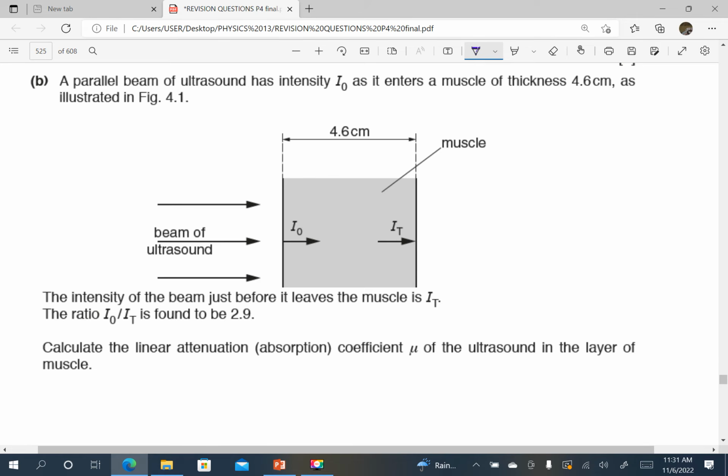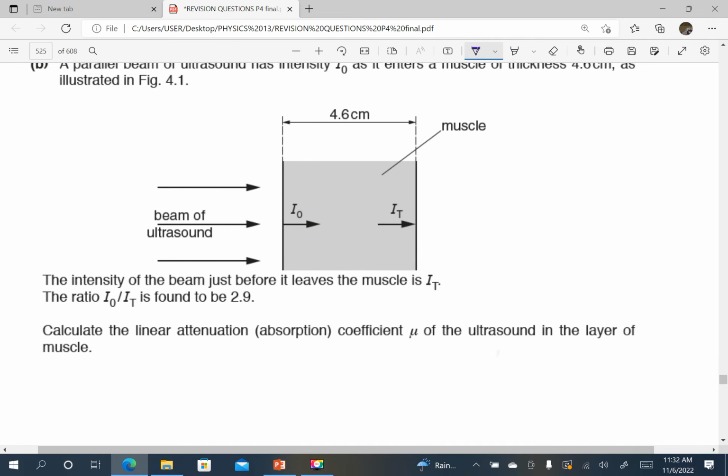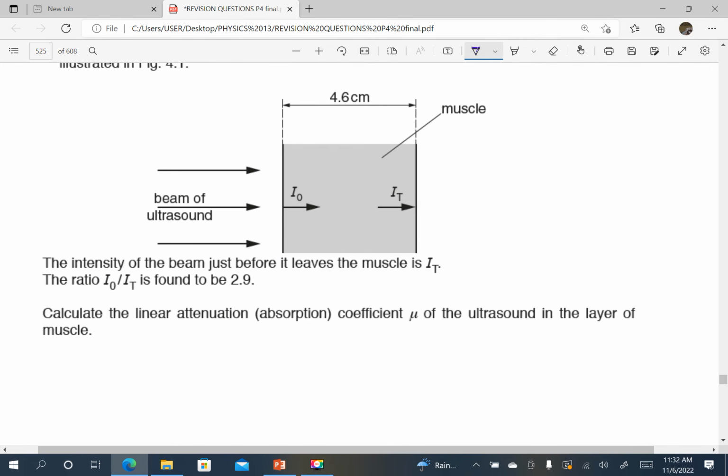The ratio I naught over IT is found to be 2.9. Calculate the linear attenuation coefficient, mu, of the ultrasound in the layer of the muscle.